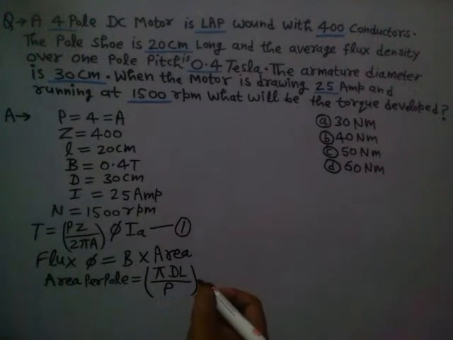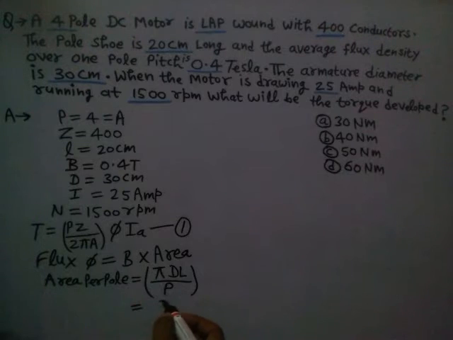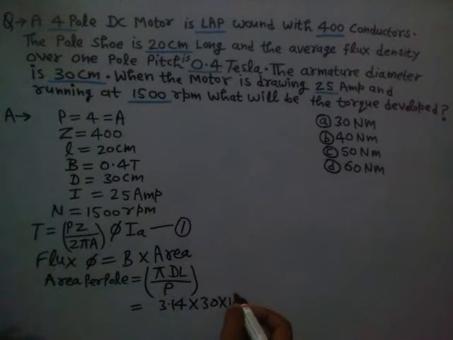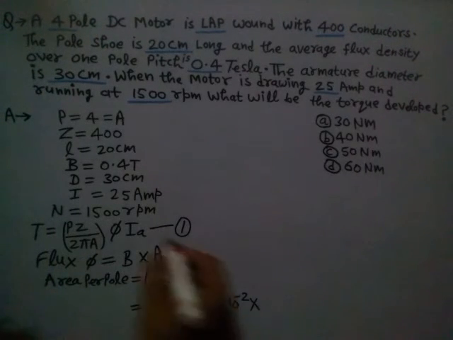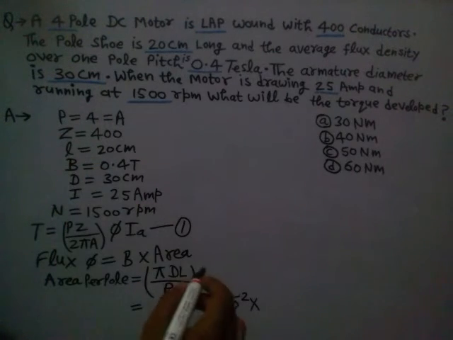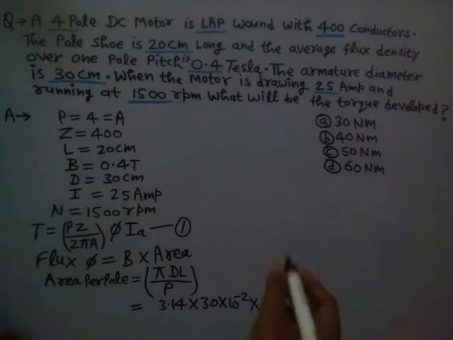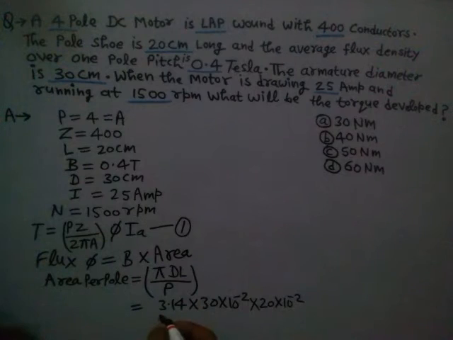So now put all the values. Pi is 3.14, d is given as 30 centimeter, so 30 into 10 to power minus 2 meters, right, into L is given as 20 centimeter, so write 20 into 10 to power minus 2, and that is whole divided by number of poles, that is 4.